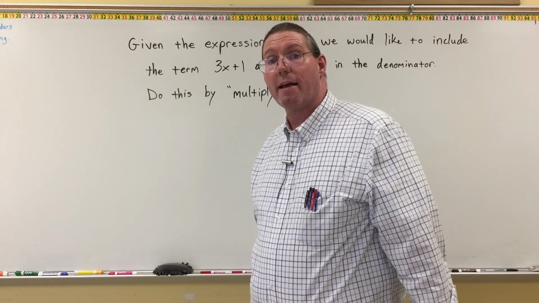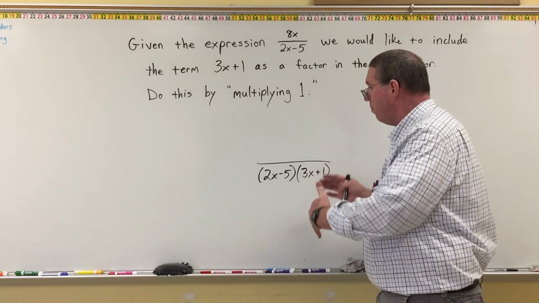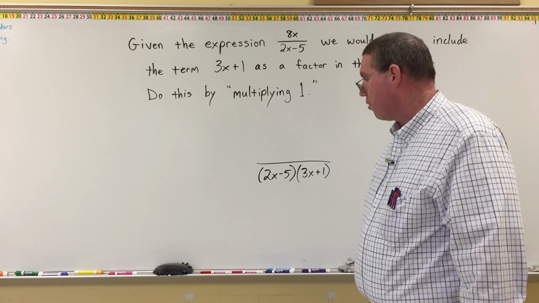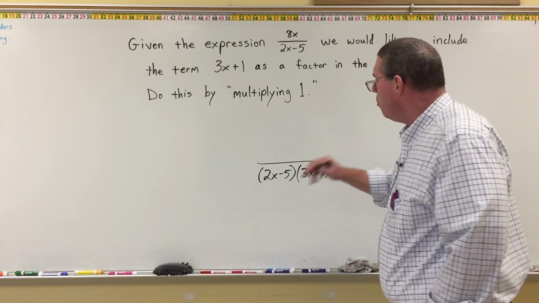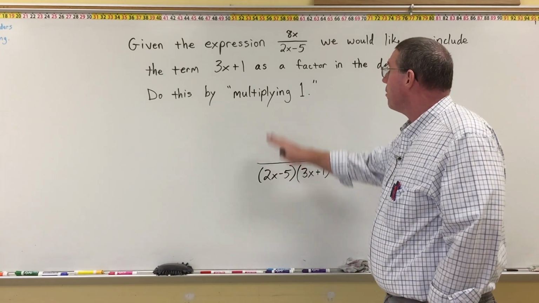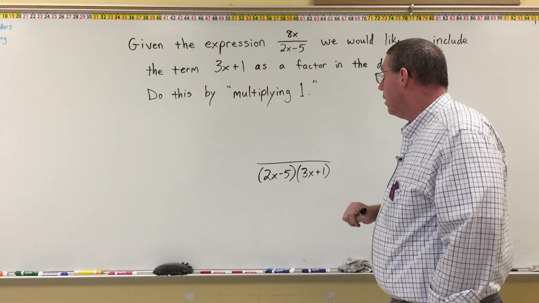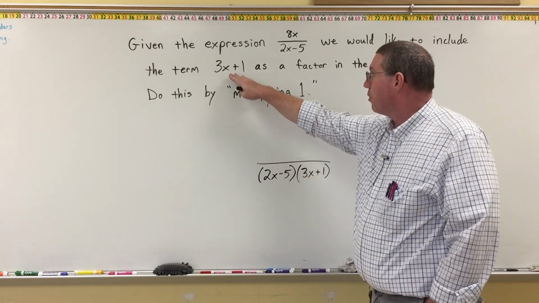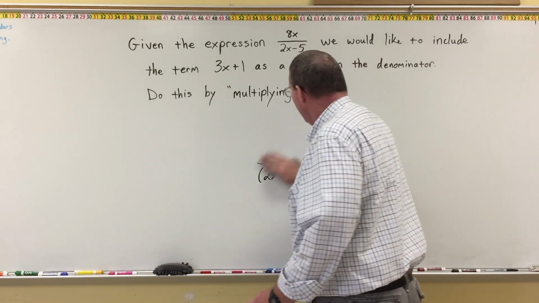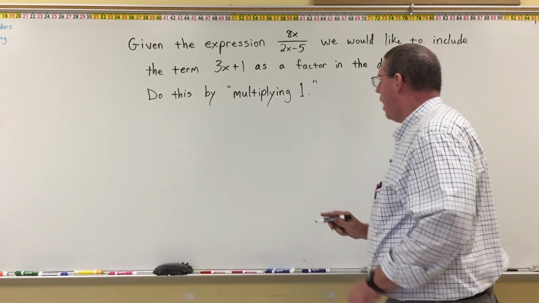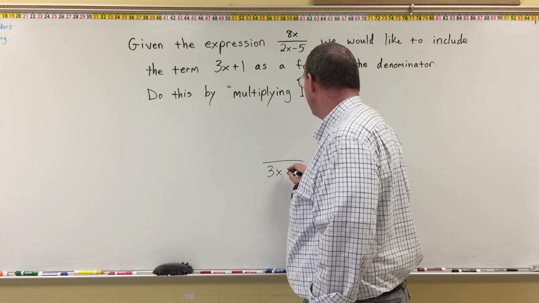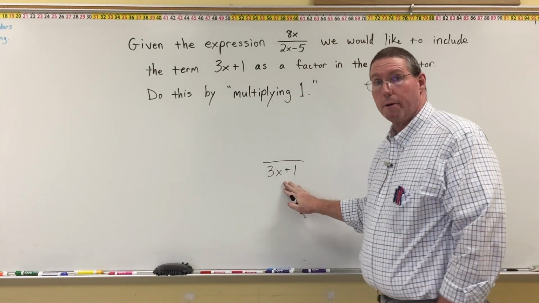We can't just set them next to each other without the parentheses, or it'll become confusing as to what we're doing with those expressions, okay? So this is what we want the denominator to look like: we have the 2x minus 5, that's already there, but we want it to be multiplied by 3x plus 1, okay?